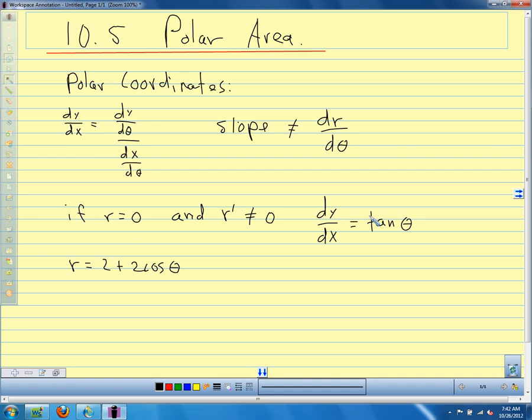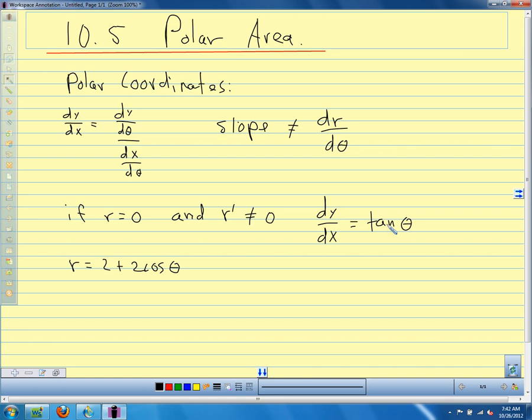So sometimes when we have a graph that has a cusp, depending on the behavior of the graph, we can get candidates for θ for a point of vertical or horizontal tangency that don't actually give us a vertical or horizontal tangent. So that's why sometimes we need to look at the tangent at the pole, because it can clear up those kinds of situations where we might not be sure what exactly is going on.